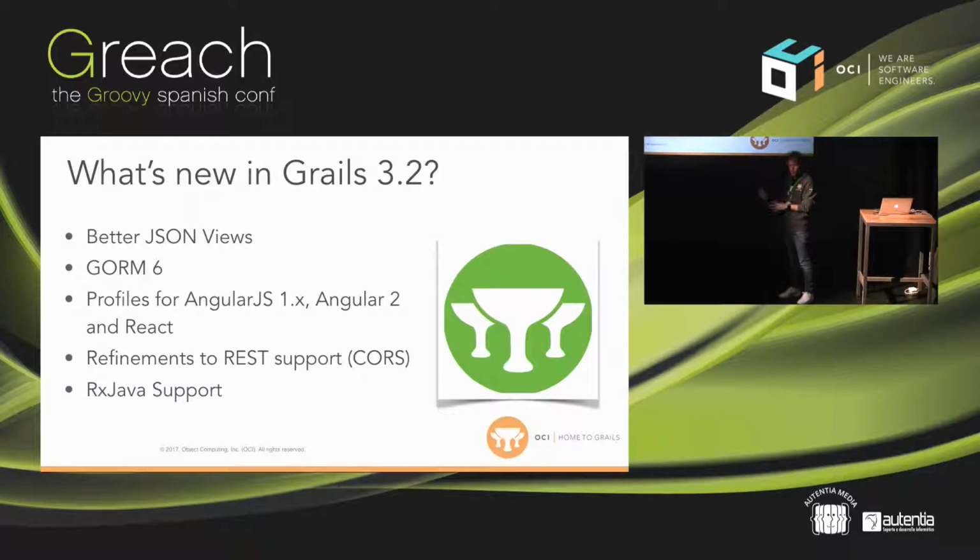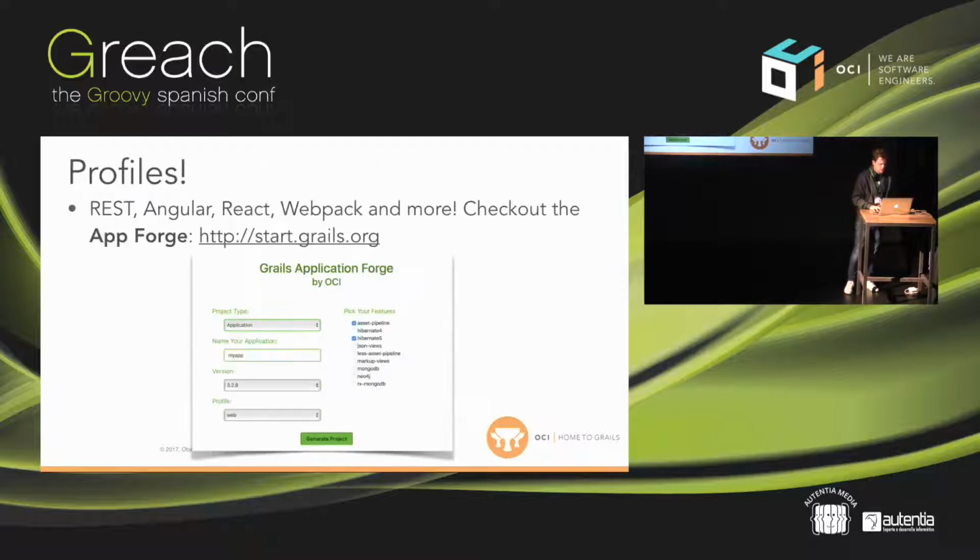We had improvements to the JSON views features, which we introduced in Grails 3.1, the latest version of GORM 6, and we provided profiles for AngularJS 1, Angular 2 and above, and React, refinement to the REST support, things like CORS support, and RxJava support. So it was a pretty significant release.